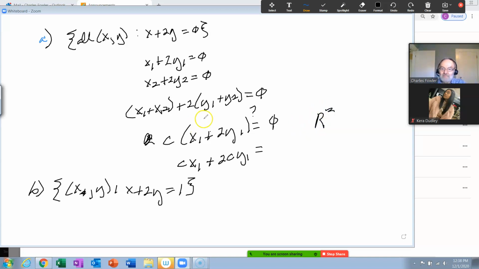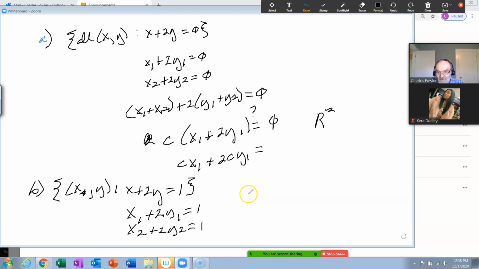But let's do our test. It doesn't matter which one. Vector addition: if x1 plus 2y1 is equal to 1, that would certainly be in there, and x2 plus 2y2 equal to 1, that would certainly be in there.